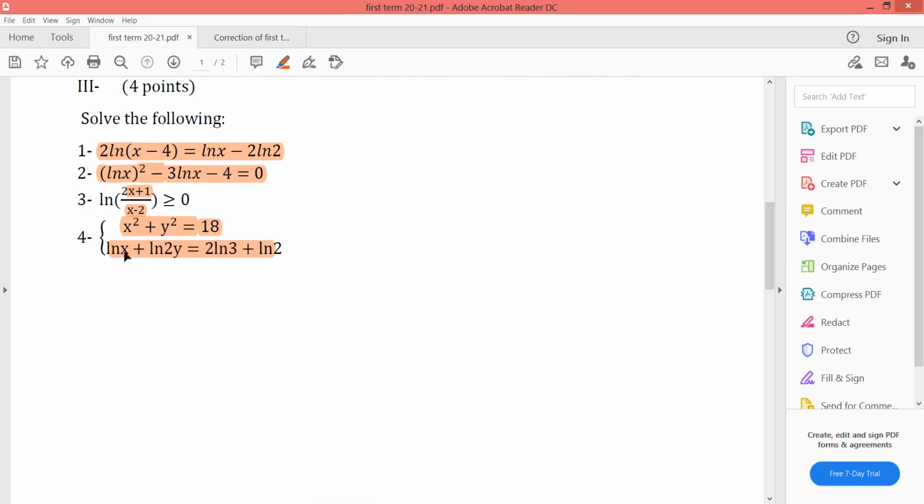So here we have ln a + ln b, which is ln(a times b). It becomes ln 2xy. This 2 ln 3 becomes ln 3 squared. ln 3 squared plus ln 2, this is ln(3 squared times 2), it will become ln 18.